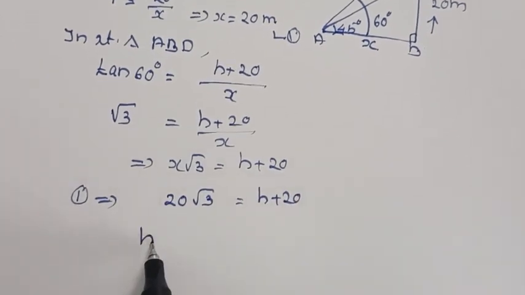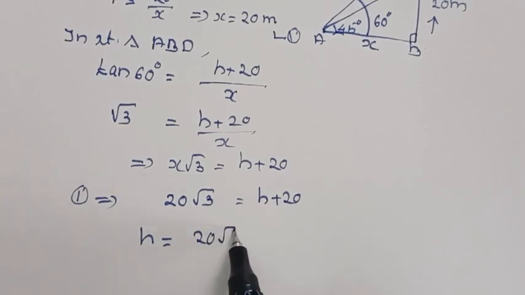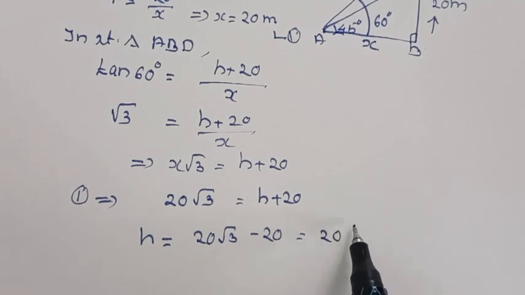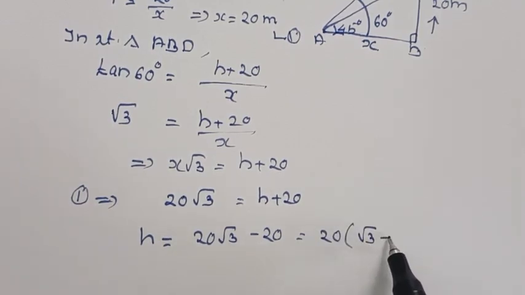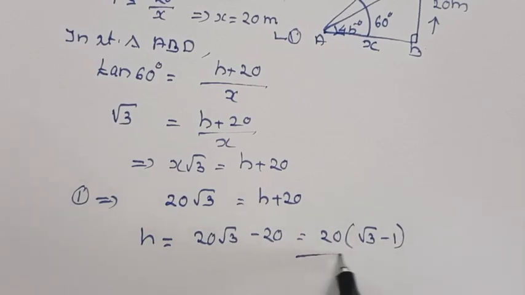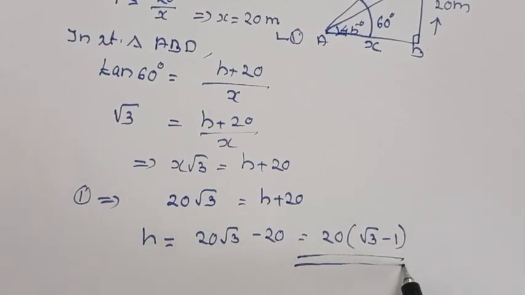Therefore h equals, taking 20 to this side, 20 root 3 minus 20. By taking 20 as common factor, it will become 20 into root 3 minus 1. That is, height of the transmission tower equals 20 into root 3 minus 1 meters.